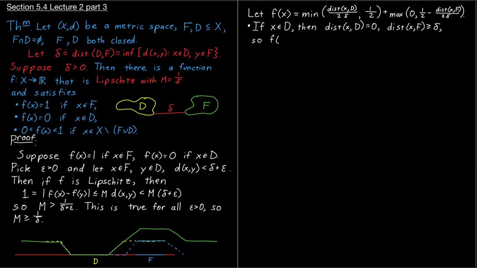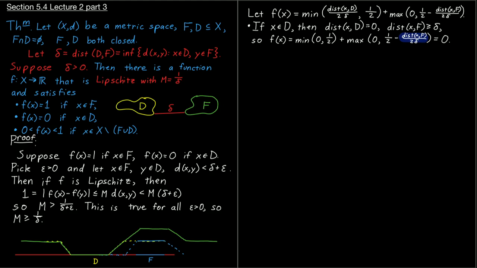So f of x, the minimum of the distance from x to D, which is 0, and 1/2 is going to end up being 0, and then the maximum is going to be 0 and 1/2 minus the distance from x to F over 2 delta. But this quantity here is at least 1/2. So the whole thing simplifies down to 0.